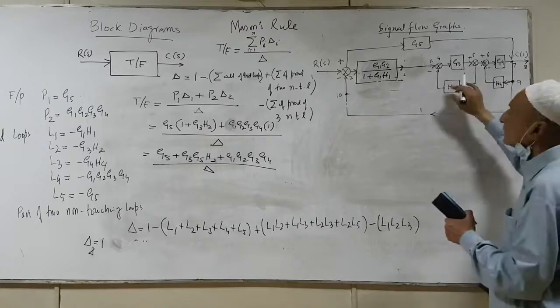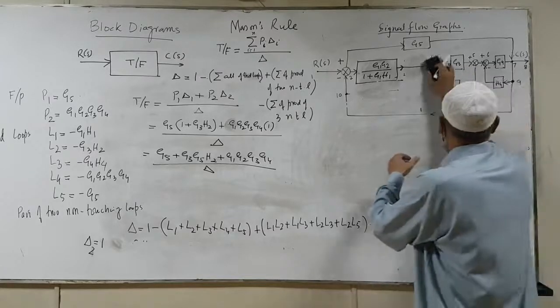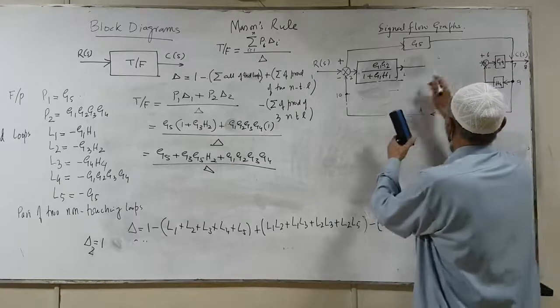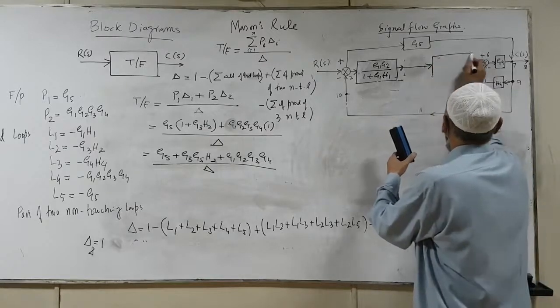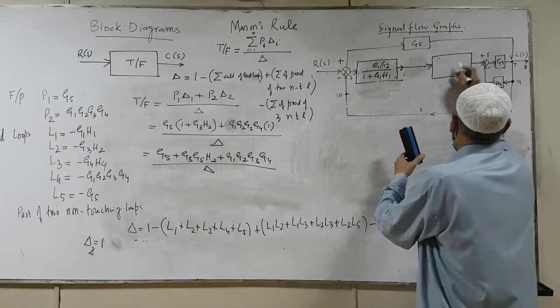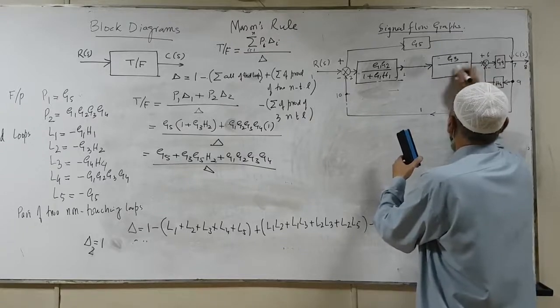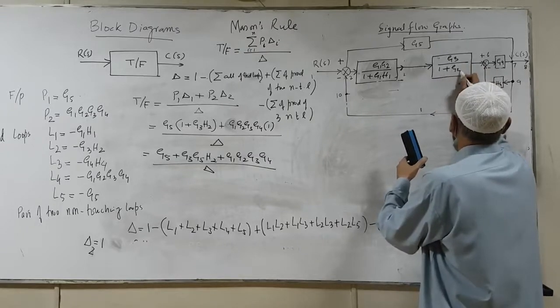Now again you end up with a loop. This loop is then put as a single block by simplification. So it is G3 divided by 1 plus G3 H2.